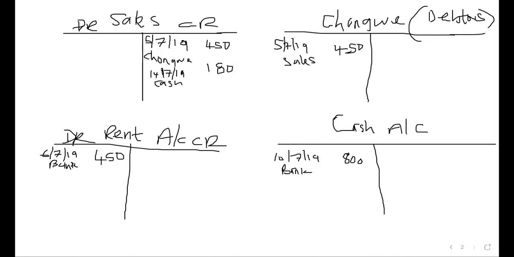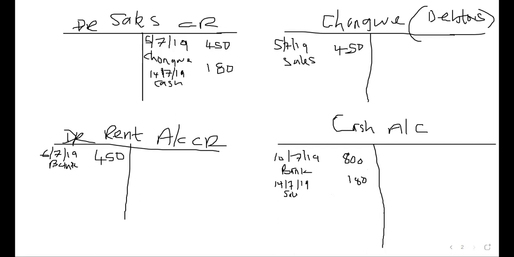Then the sales account, then the cash account now. So 14, 7, 19. We have sales 180.